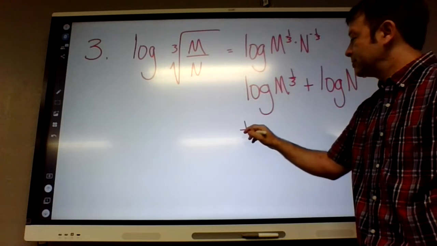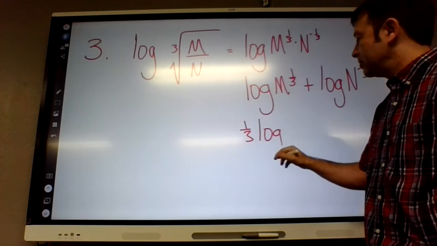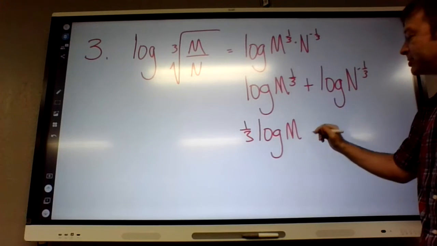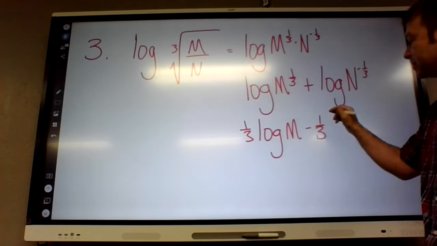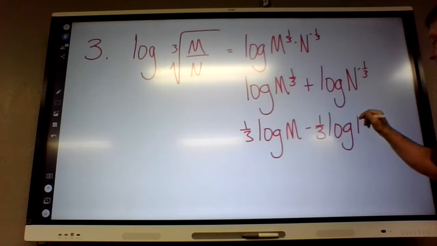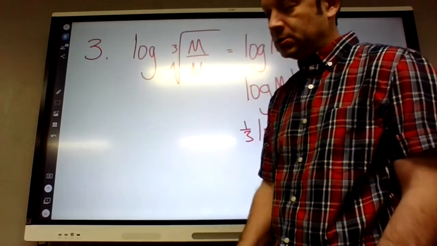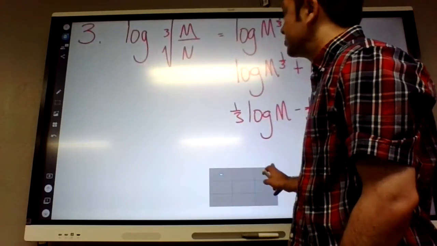So it's 1/3 log m plus negative 1/3 would just be like minus 1/3 log n. I wonder if the book just put 1/3 in front of everything. Yes, they did. That's okay. Let's leave it alone.